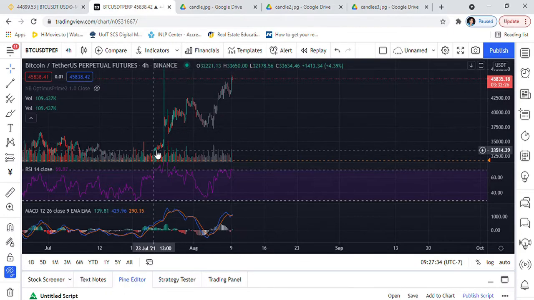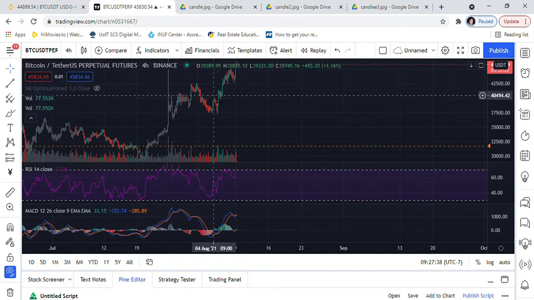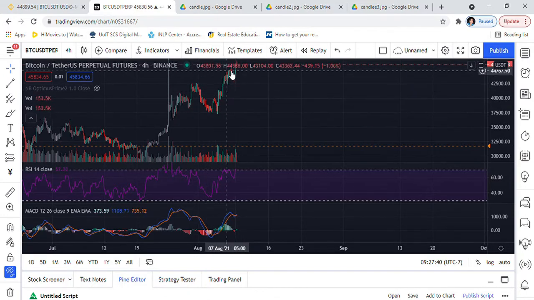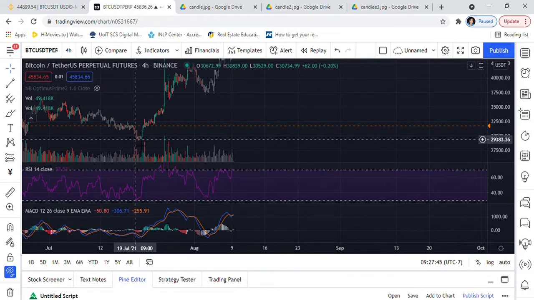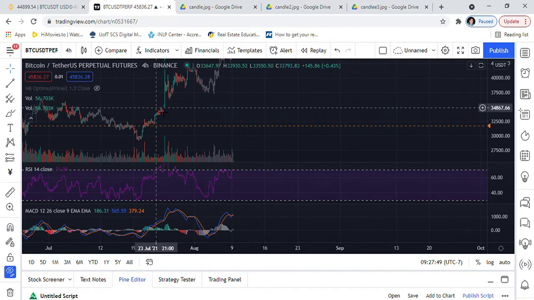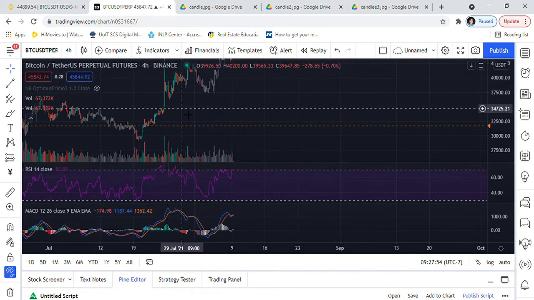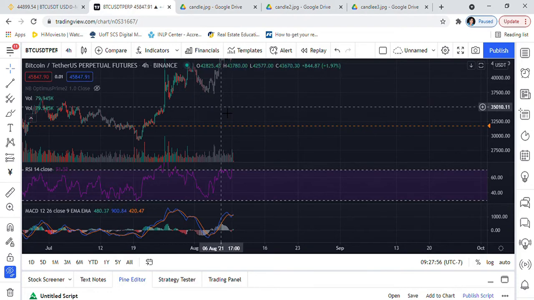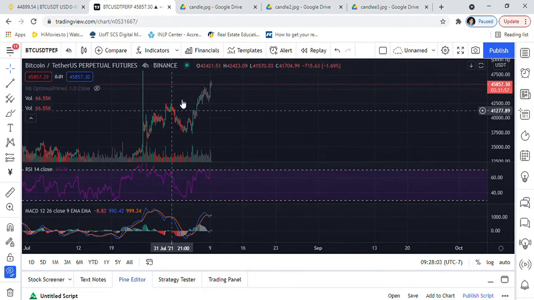If you keep seeing the price creating higher highs and higher lows, it means that we're in a bull market. If you can see here, it went up and then down a little, up again, down a little, up. So it's creating that upward momentum, and that is what we call a bull market. So on the 4-hour chart, it shows that it's in a bull market, right? That's the 4-hour.